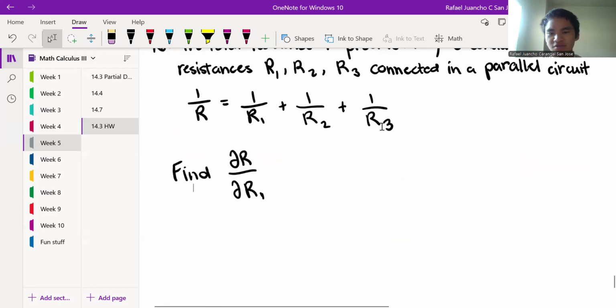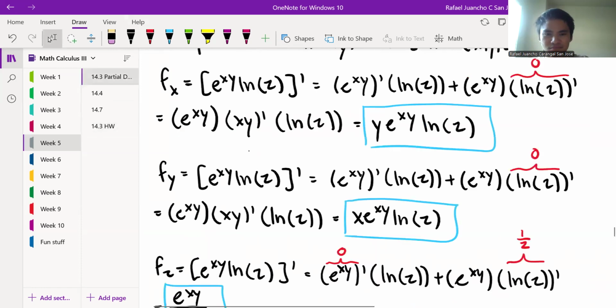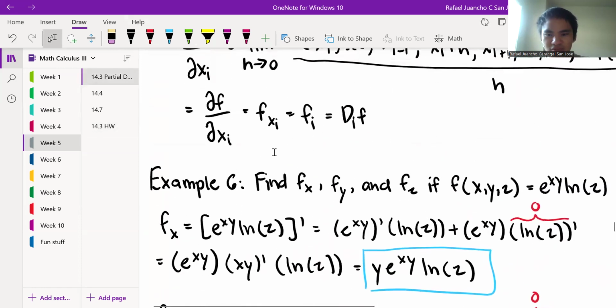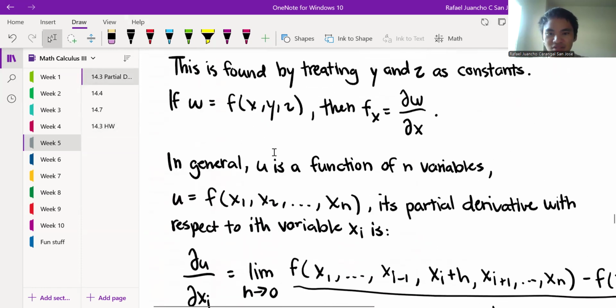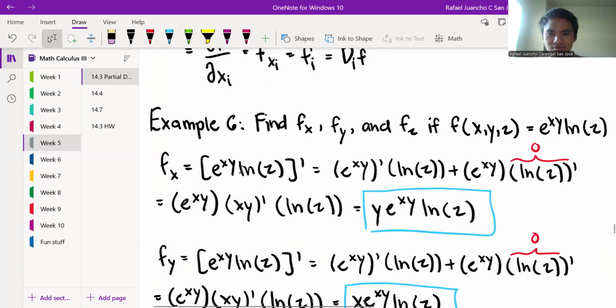We treat R2 and R3 as constants. The other problem is this is not explicit, right? Or actually it might be.